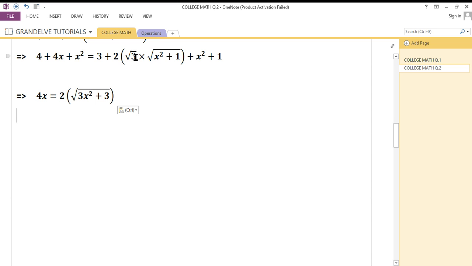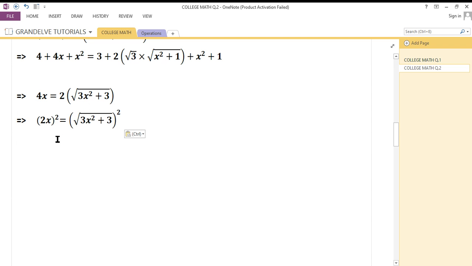So by product of surds we accept that 3 multiplies the s squared and it multiplies the 1 to give us 3s squared plus 3. Okay, and we have the 2 still intact. So we divide through by the 2, and we will have 2x to be equal to square root of 3s squared plus 3.